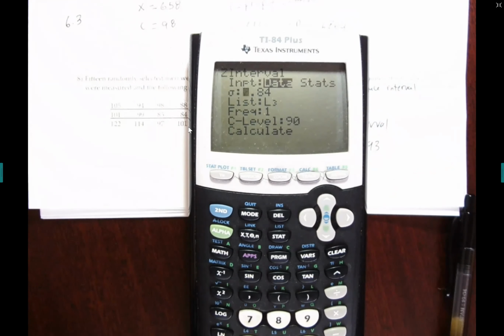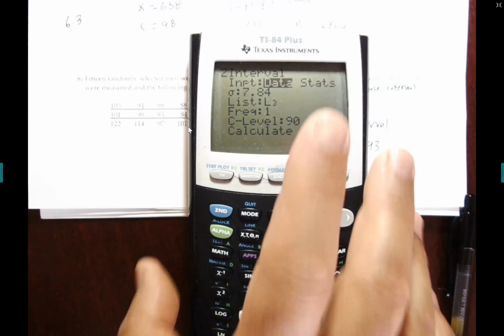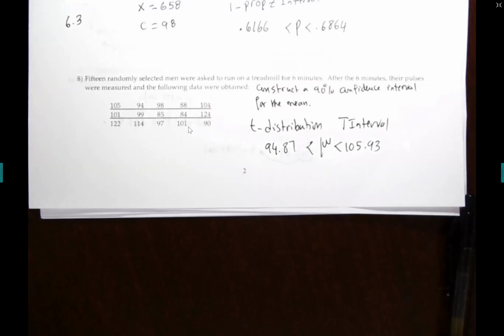You have to put something. You can't just make up a number and put it there. So it wasn't going to work anywhere. So when you have a data set, unless he gives me sigma, take a note, guys. 99% of the time, it's a T interval when you have a data set. I hope that this will make it a little bit more clear.